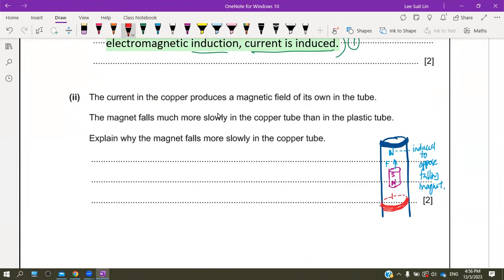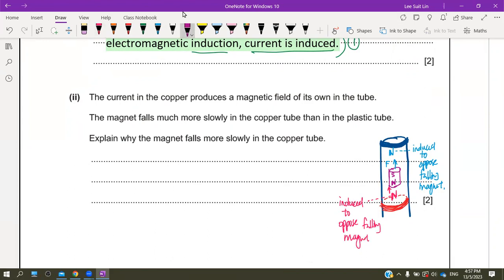So this coil will make this side up here a North pole in an effort to tell the falling magnet bar to go away. So this is an opposition force trying to push it away. So this is a North pole again, induced to oppose the approaching falling magnet.